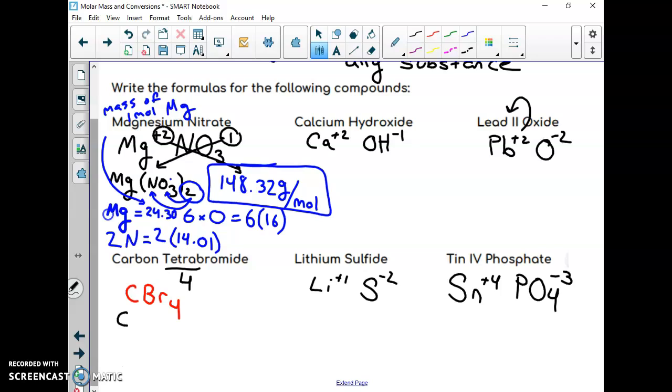You can find carbon on the table. It's 12.01. And then you find bromine, but there are 4 of those, so we want to be mindful of that. Bromine's a bit heavier. That'll be 4 times 79.9. So a bit larger there.